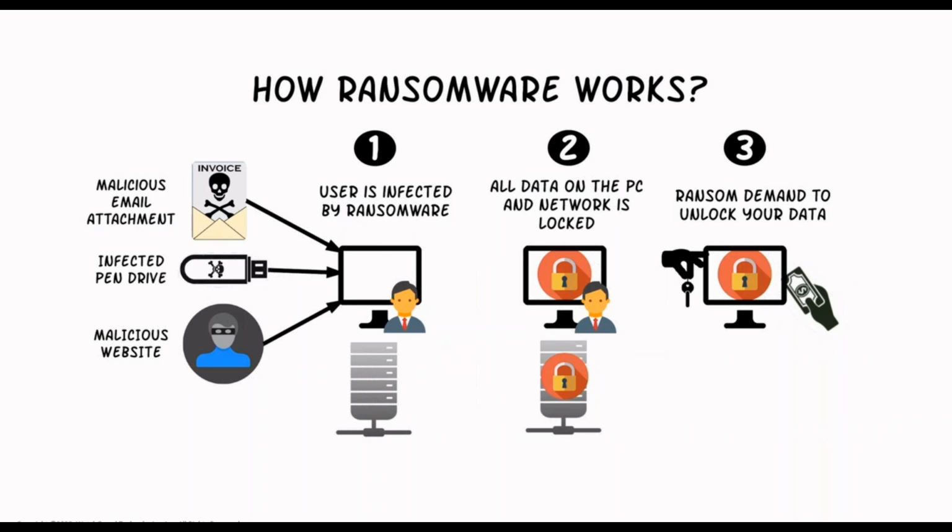It can be a malicious email attachment, an infected pen drive or USB drive, or a malicious website. You click on it, and the user is infected by the ransomware. All the data on that PC and in the network is locked, and the ransomware demands payment by Bitcoin to unlock your data.